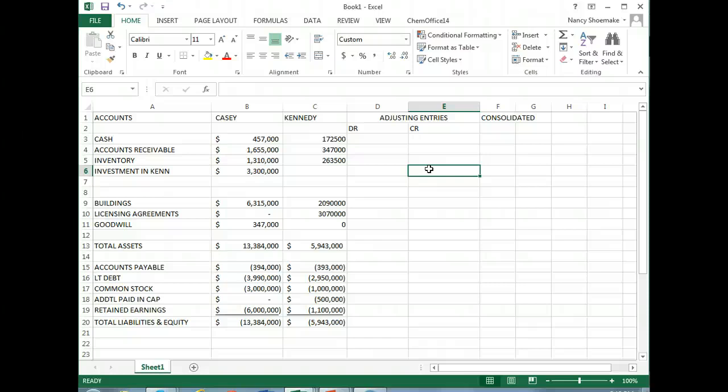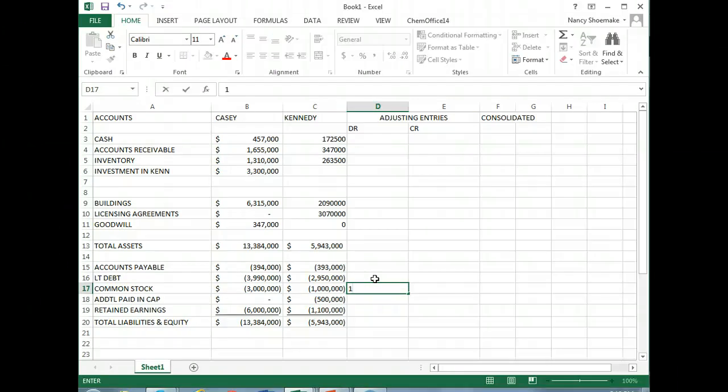So the first thing we're going to do to eliminate the investment portion is we want to clean up or get rid of the common stock, additional paid-in capital, and retained earnings of Kennedy. We need to clean that up. So we want to remove our investment in Kennedy. And the first method we do is to remove the investment account.